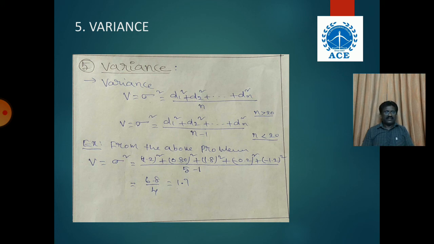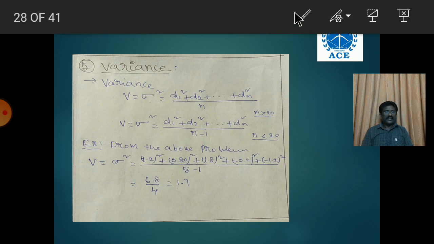Already I have calculated variance for the given values. In the previous problem, I have taken some group of readings. So by using those readings, I have calculated variance. We already know the values of d1, d2, d3, d4 and d5. Substitute here.